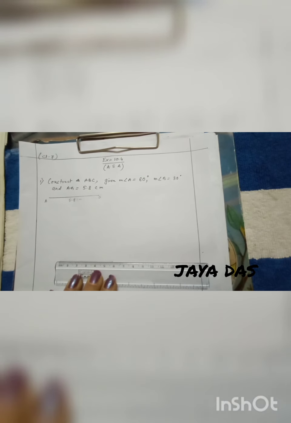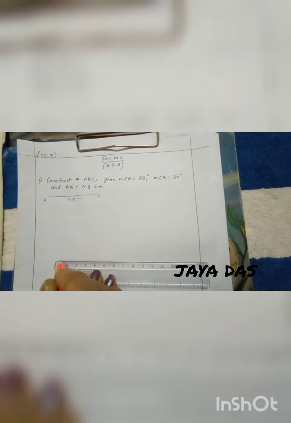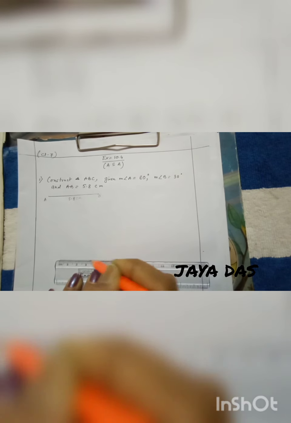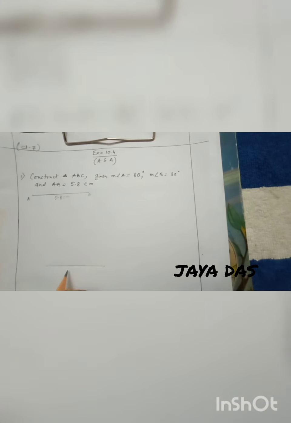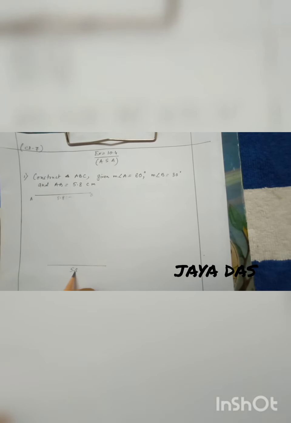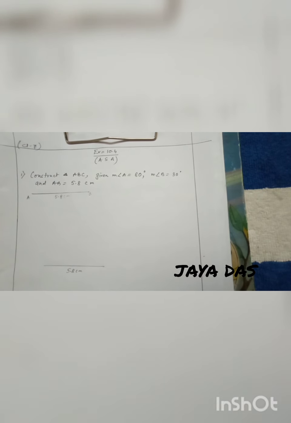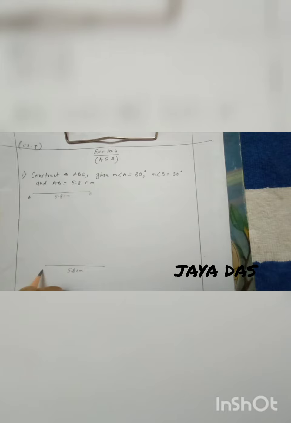In this way you have to draw the line segment. This is 5.8 centimeter and this length is given AB. Name of the line is AB.